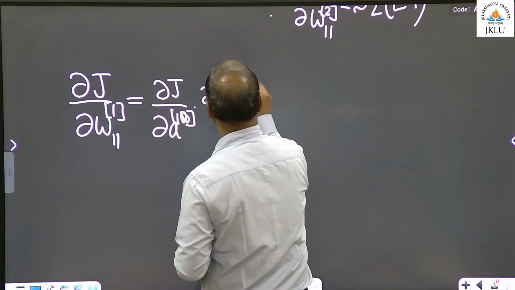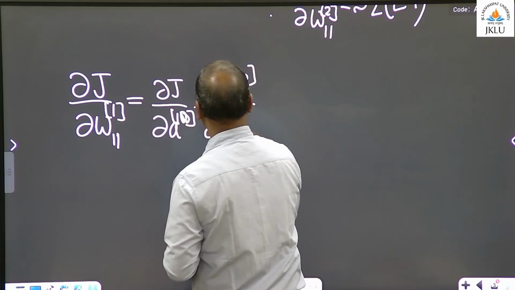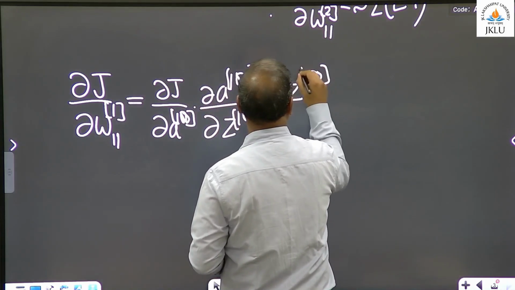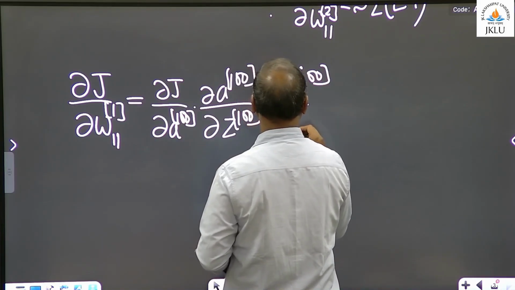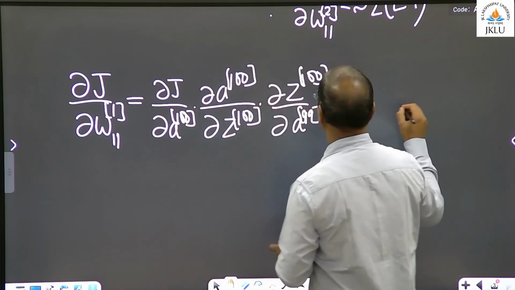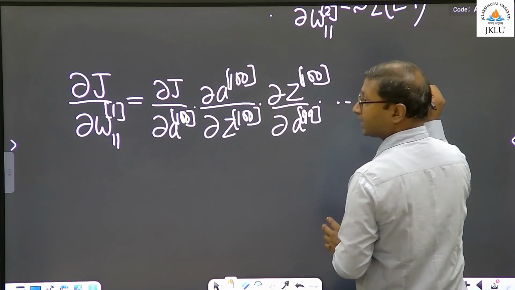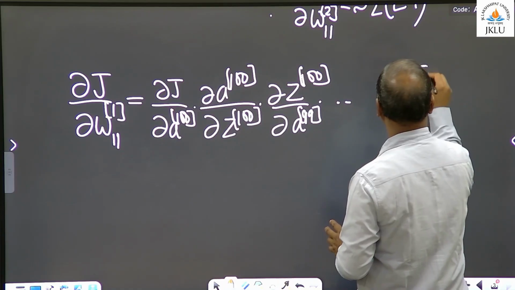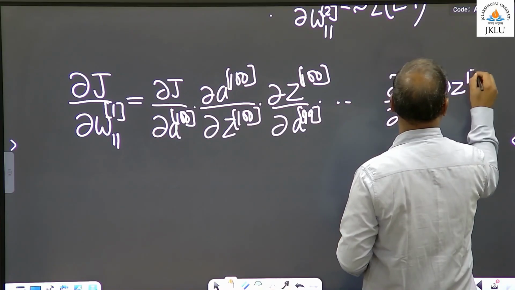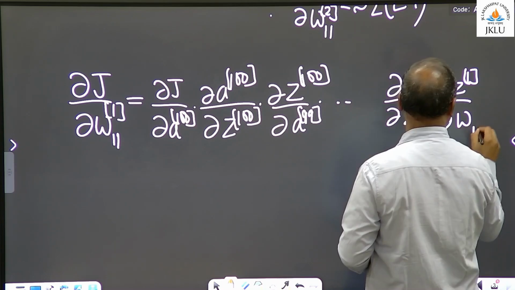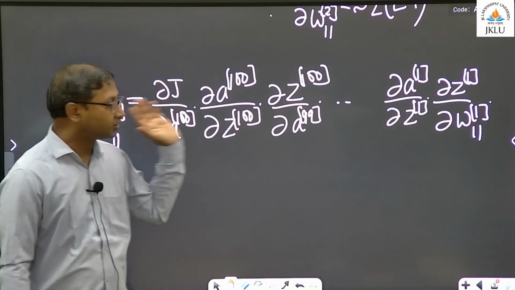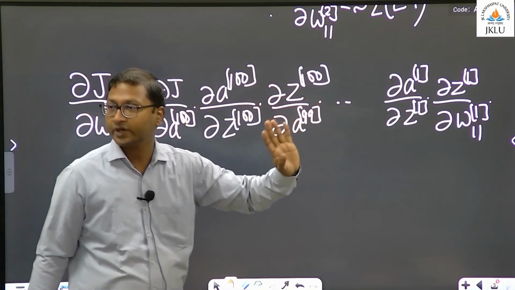Del A 100 by del Z 100, what comes next? A 99, all the way until del A1 del Z1. Is this fine with everyone? This should be fine. I mean, there is nothing special. It only looks scary, else it is pretty simple. Okay.